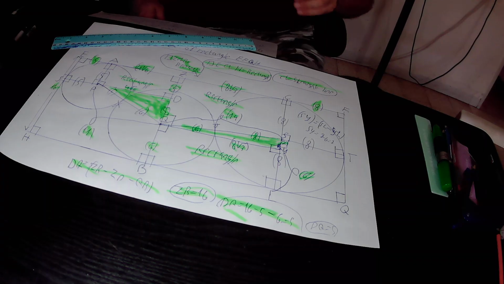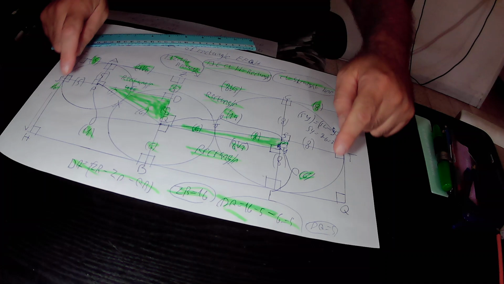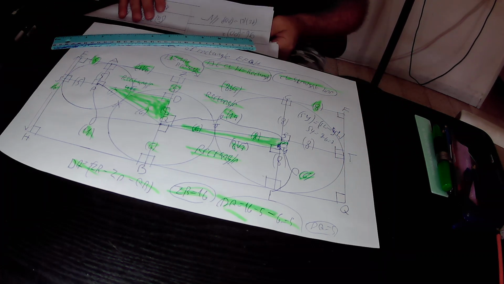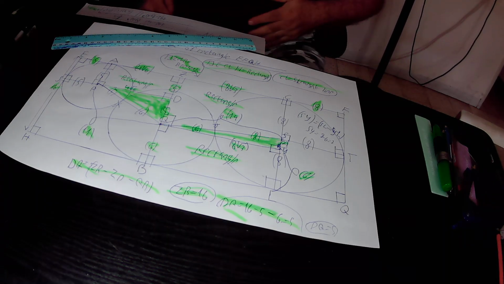So, first of all, we know that all the angles inside the rectangle are right angles. So those four angles are all right angles. And we implemented rule 1 in our domain a lot of times.